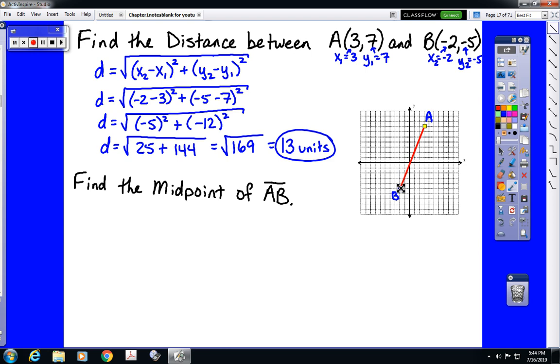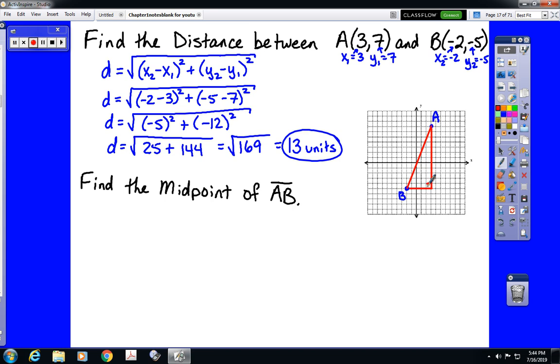Well, the same way that I can connect those 2 points with a line segment, I could also drop a vertical line straight down from A, and a horizontal line straight across from B, which would form a right triangle. Now once I have that right triangle, I can simply count the lengths of the legs.